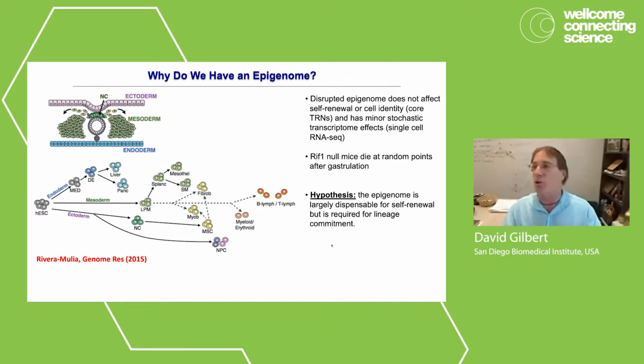So it's essential for cells to flip their epigenetic state and go from one stable epigenetic state to another stable epigenetic state. That's a hypothesis, and we can now use the exquisite human embryonic stem cell differentiation systems that have been developed to test this hypothesis, which is something that we plan to do.